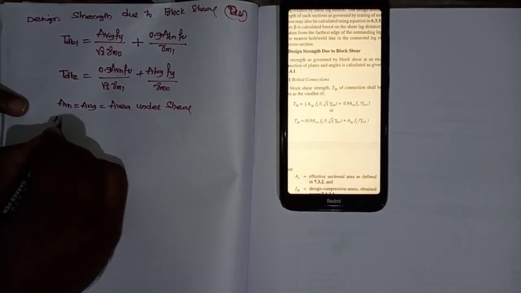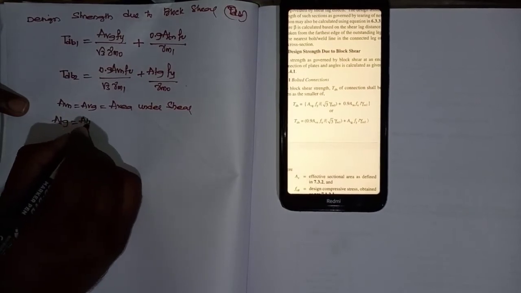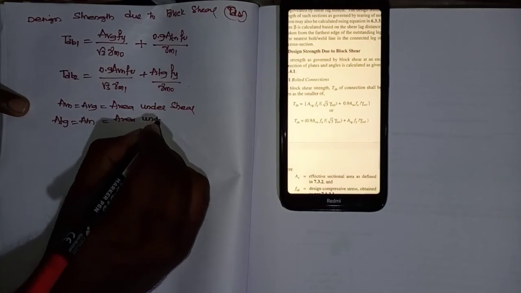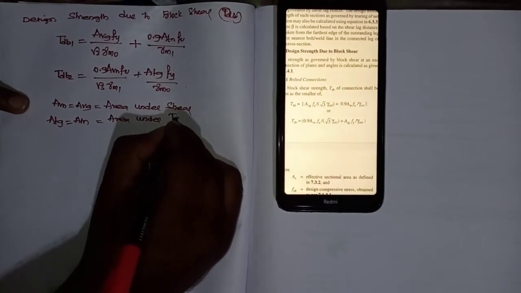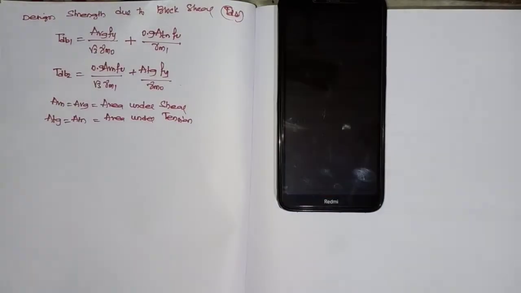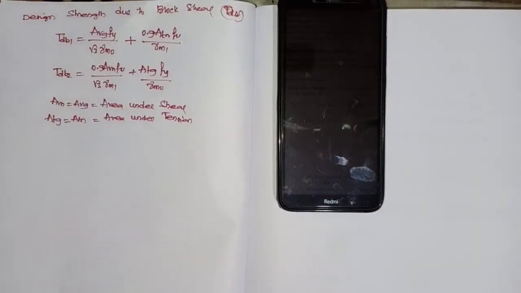Next, ATG, ATN, this is area under what? Tension. Area under shear and area under tension. Right?